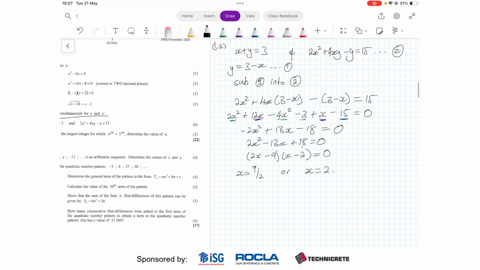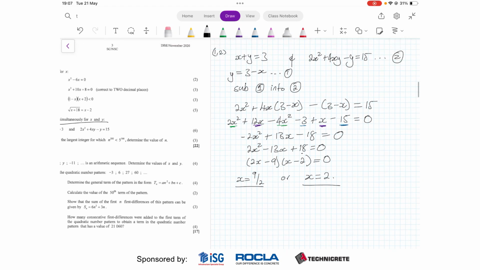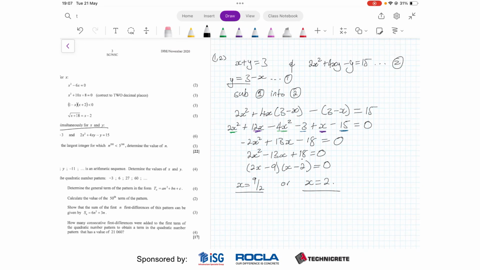Now, what we're going to do is take these two solutions and substitute them into equation 1. We're going to take whatever we found for x and substitute it into equation 1.